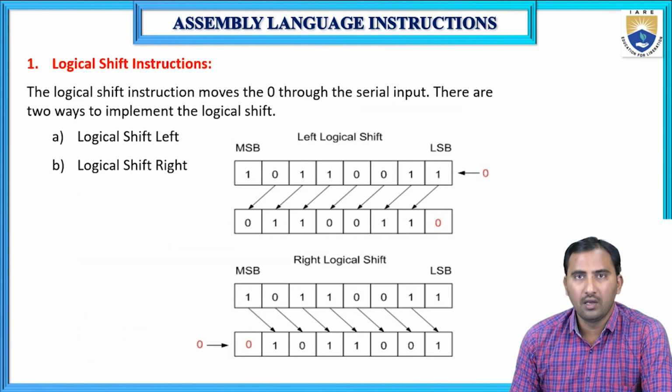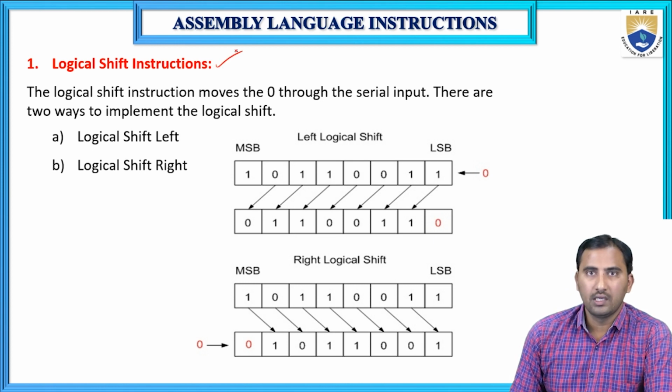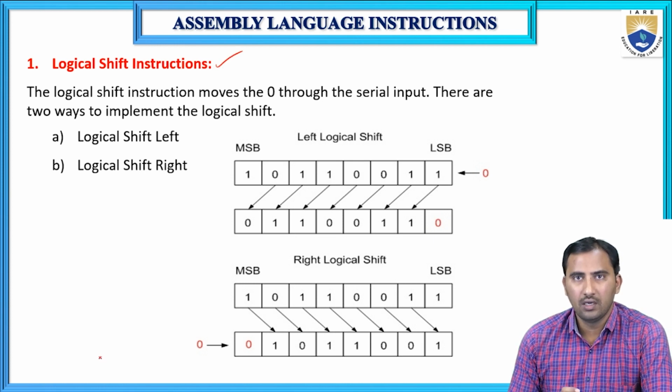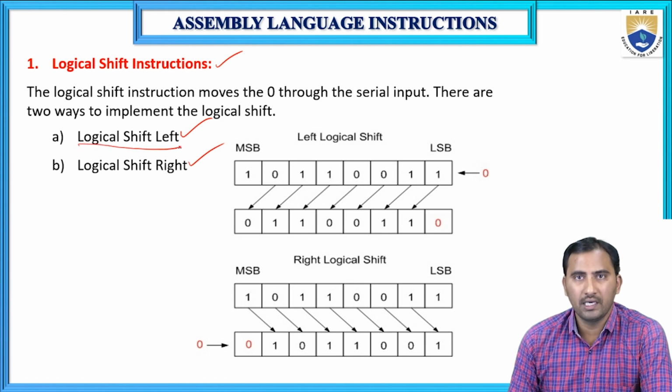So first one is a logical shift instruction. So these logical shift instructions we can use on the data present in the register. Okay. So here we can perform two types of operations. One is a logical shift left and another one is a logical shift right. So we will see what is logical shift left. That means the data present in a register, we are shifting towards left.